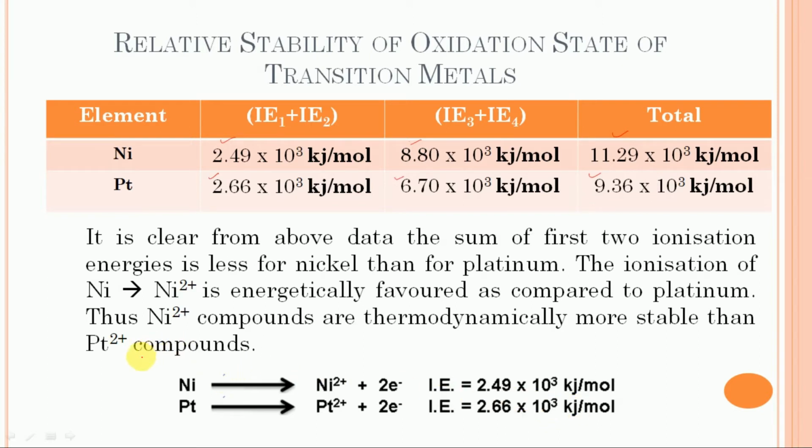So on this basis, nickel 2+ compounds are thermodynamically more stable in comparison to platinum 2+ compounds.